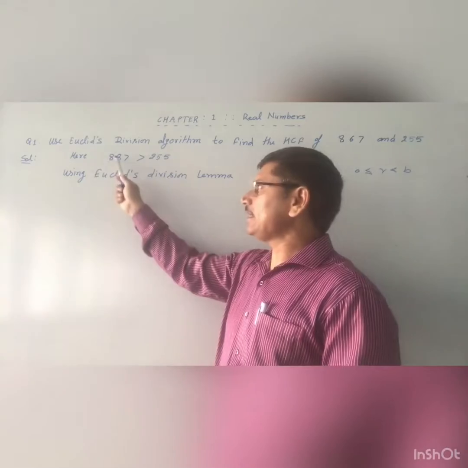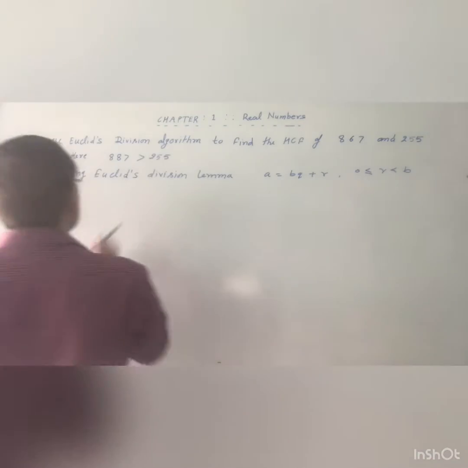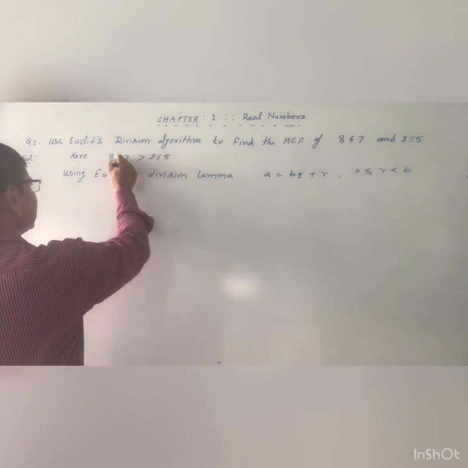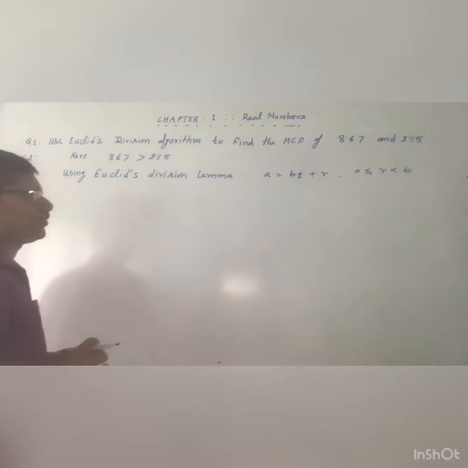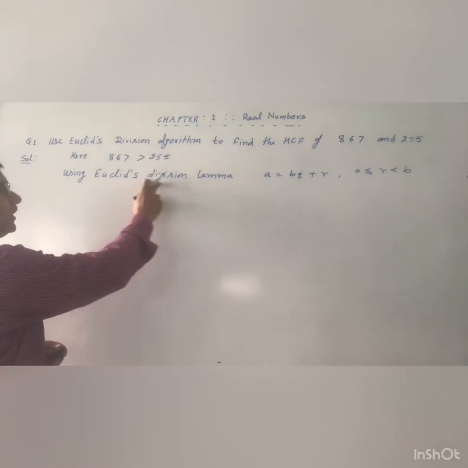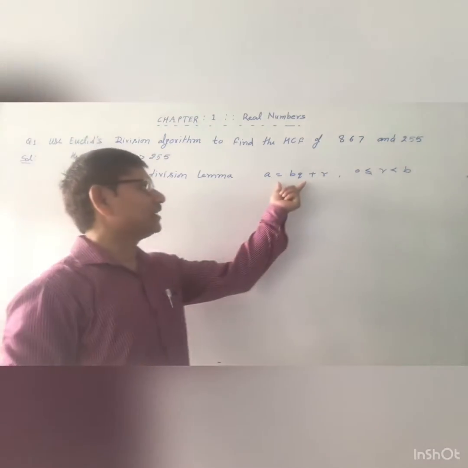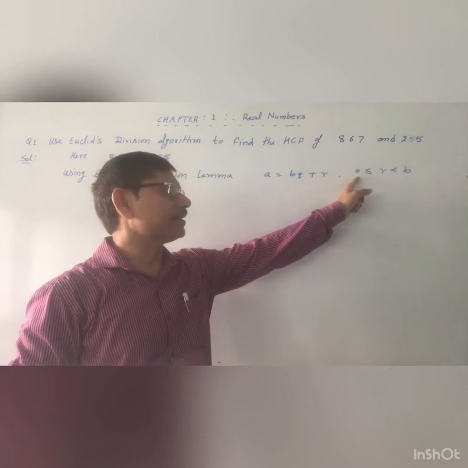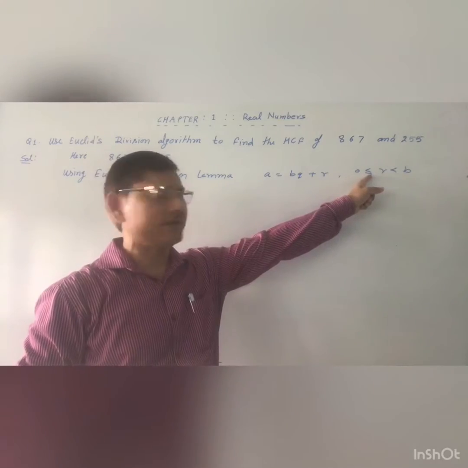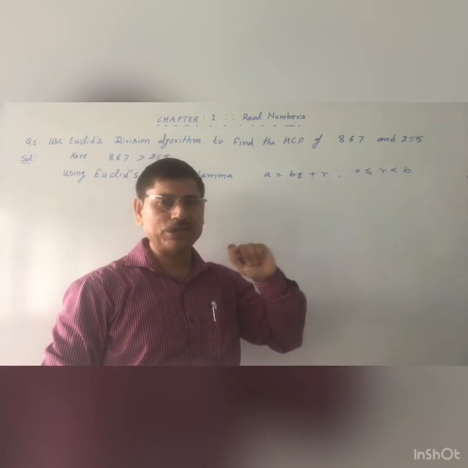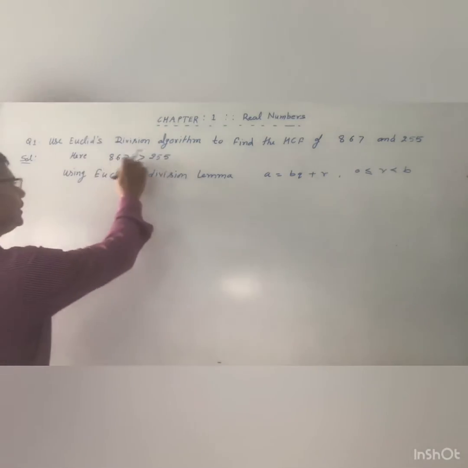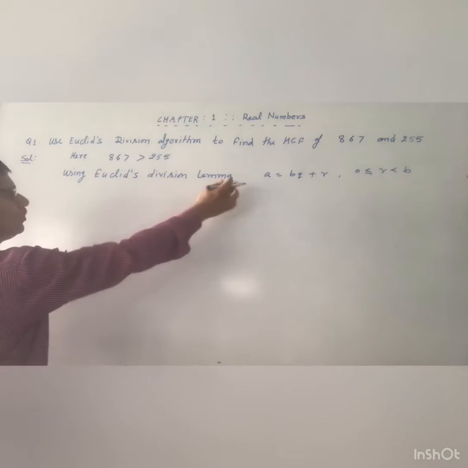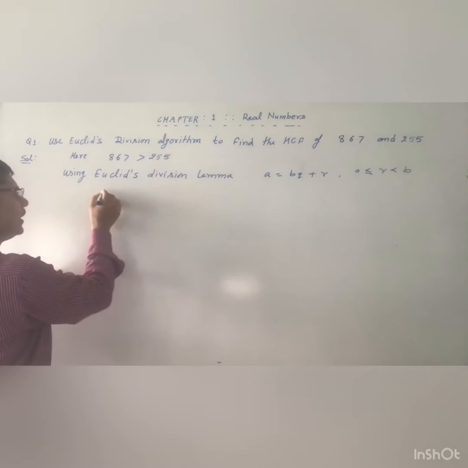So here 867 is greater than 255. So using Euclid division lemma a is equal to bq plus r under the condition 0 is less than or equal to r less than b. So we can write these numbers using Euclid division lemma.